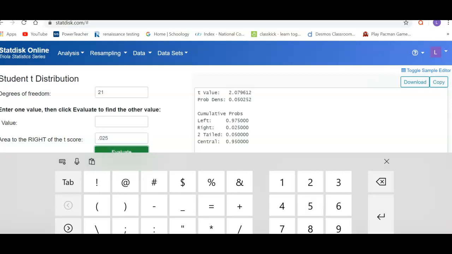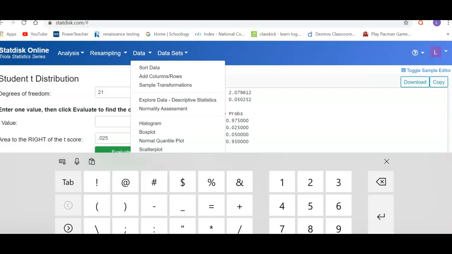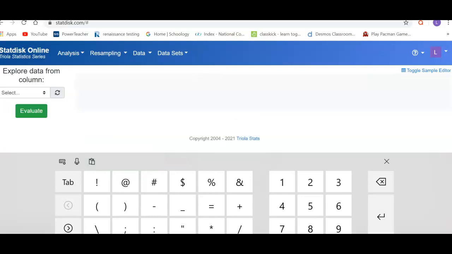Evaluate. Now when we look at here, this is where we got our 2.07. It was right here at this value at the very top. That's where that came from. Now our descriptive statistics, so we go to data, descriptive statistics, and we're looking at chocolate.